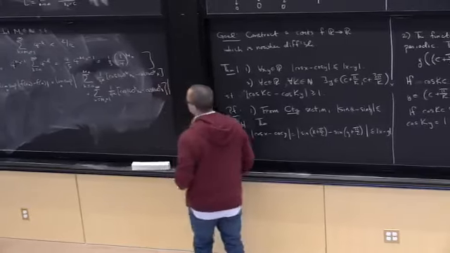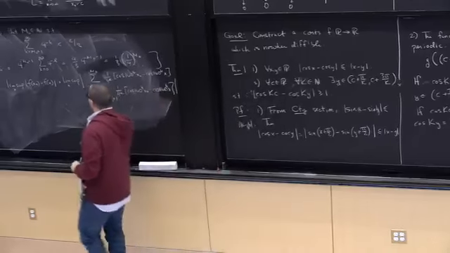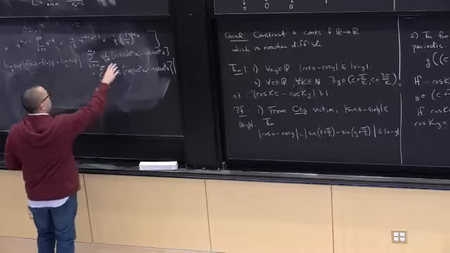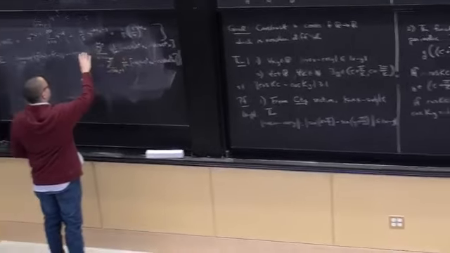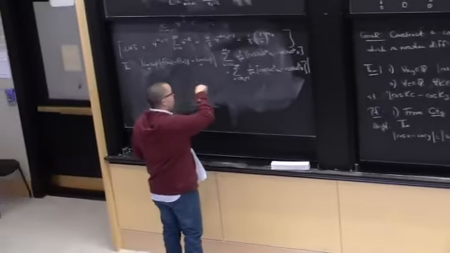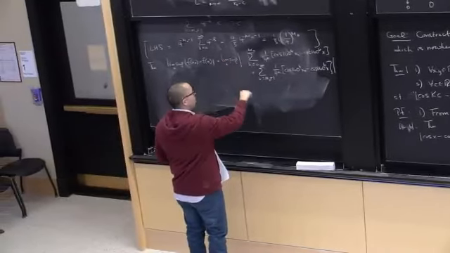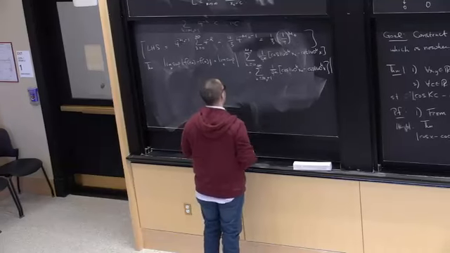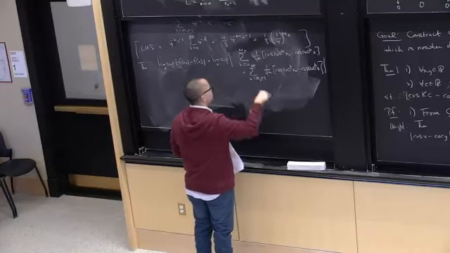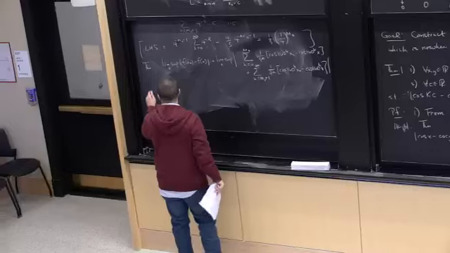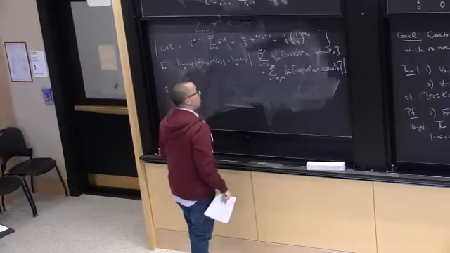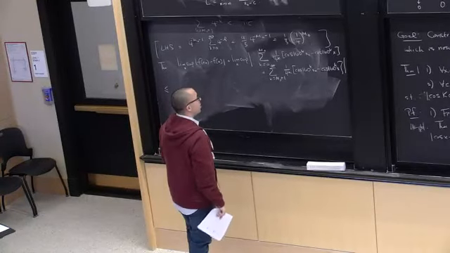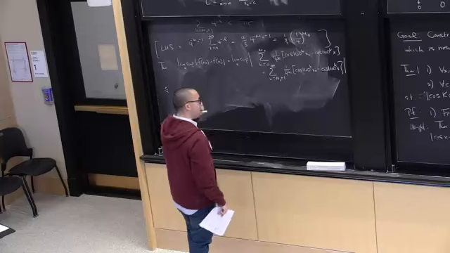Absolute value. And now we use the triangle inequality and the fact that lim sups preserve inequality, so the absolute value of this thing is less than or equal to the sum of the absolute values, and the lim sup of those sequences is less than or equal to the sum of the lim sups. That was another exercise from an assignment, where you did something similar with the lim inf.